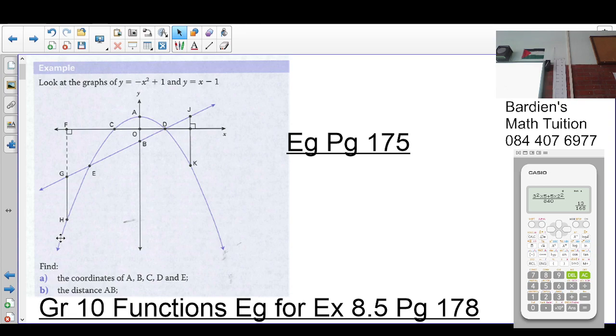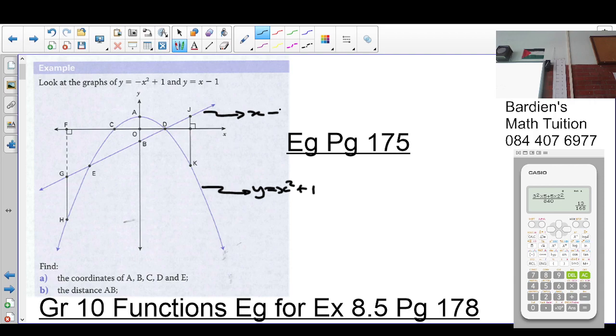So it has to be the parabola, because x is being squared. So this graph here is y is equal to negative x squared plus 1, whilst this one here is y equals x minus 1. You all agree with that?